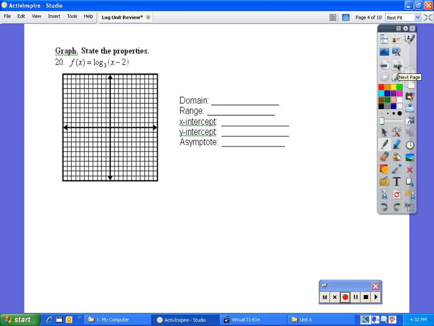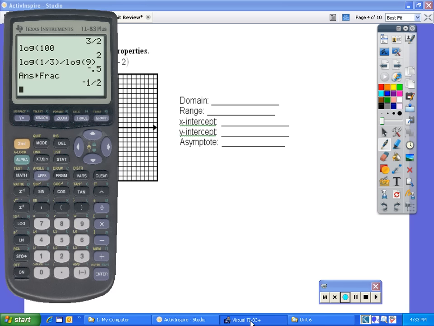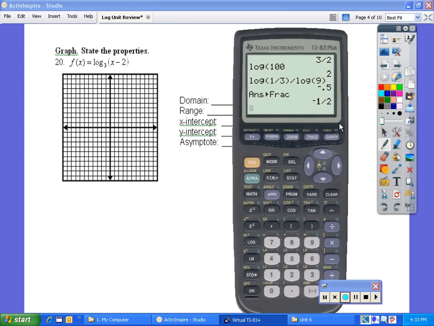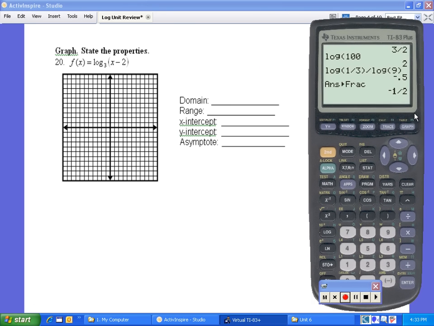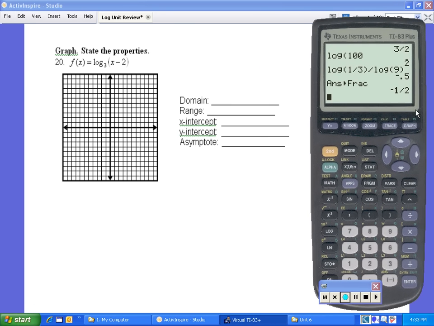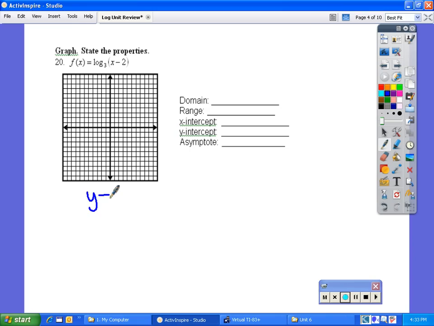Alright, now for graphing. Remember for graphing that you have to have everything into the change of base formula. So the first thing that we're going to do is put this into change of base, which would be log of x minus 2 over the log of 3.